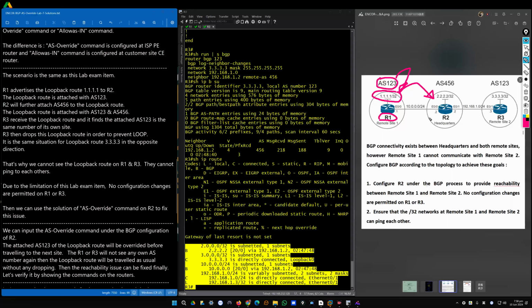R2 will further attach AS number 456 to this loopback route. The loopback route is now attached with 123 and 456.